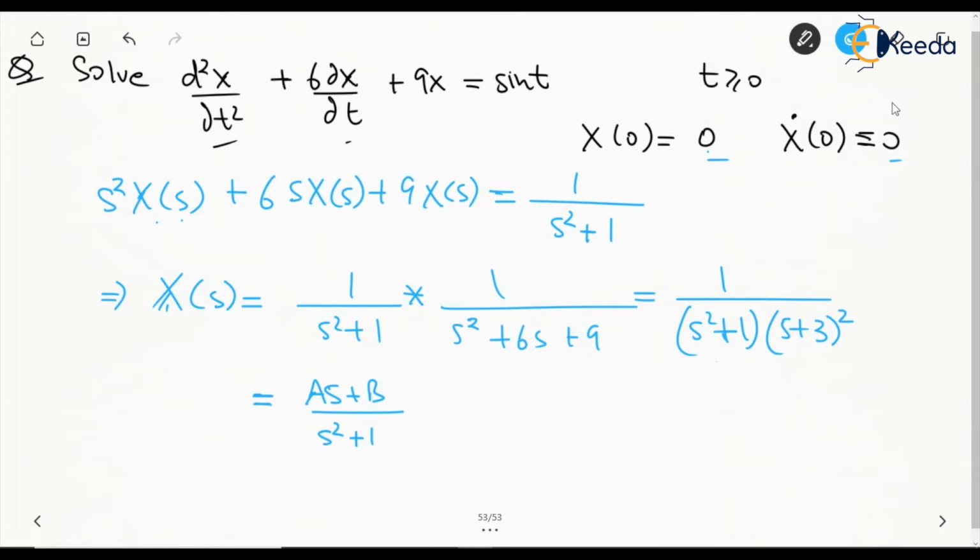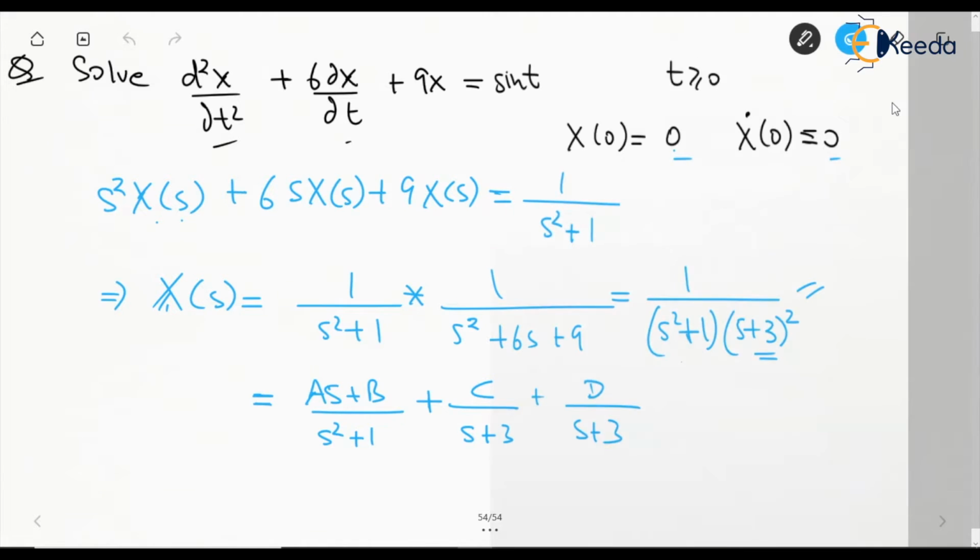So s square plus 1 being second order, we will have the coefficients as as plus b, and other than that, this s plus 3 is having second order, so it will be c by s plus 3 and d by s plus 3 whole square. So either you can cross multiply and compare the coefficients from this part, and whatever method you are convenient with, you can find these coefficients, and we can directly write what we will have.